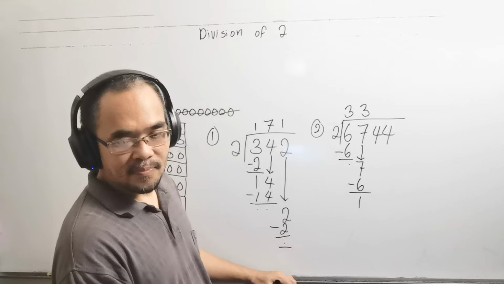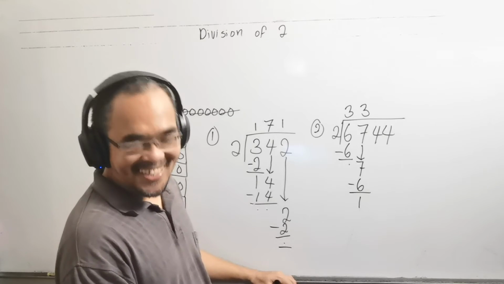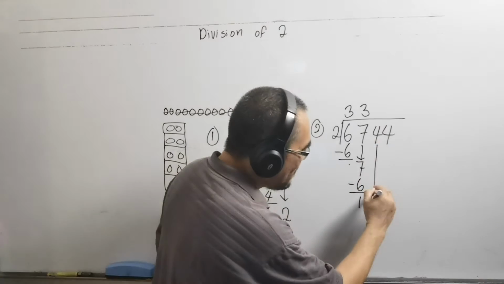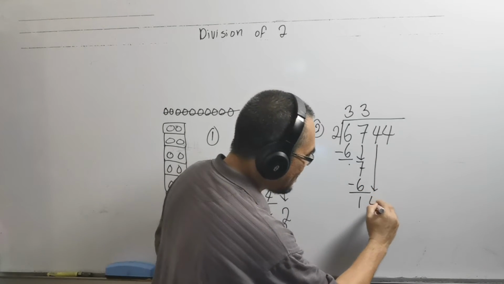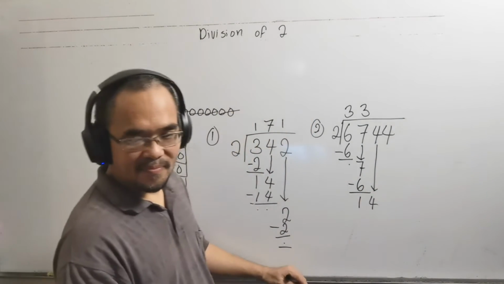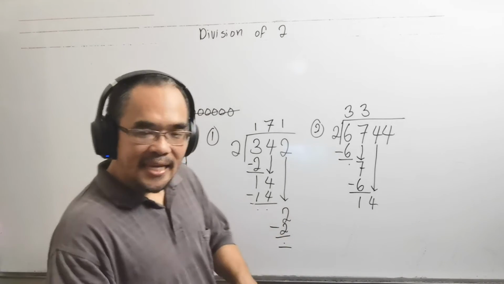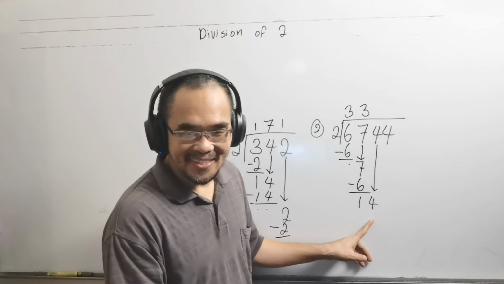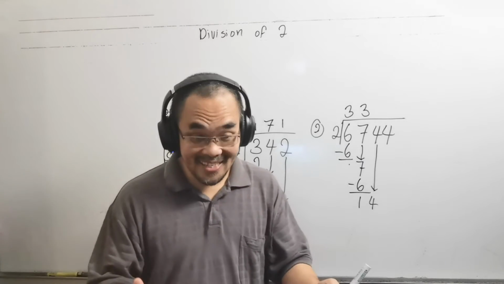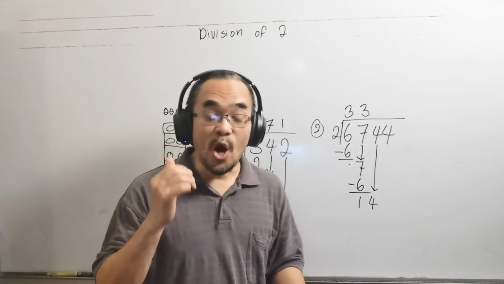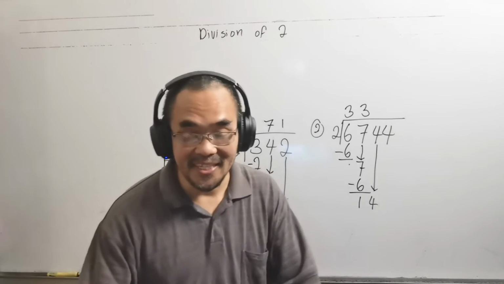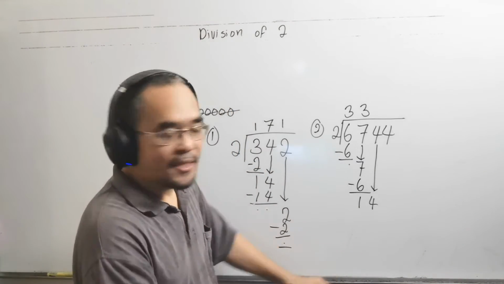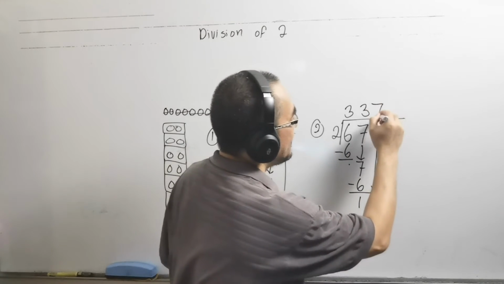So you bring down 4. That is correct. Now the number becomes 14. Read multiplication of 2 until you get 14. 7, that is correct.